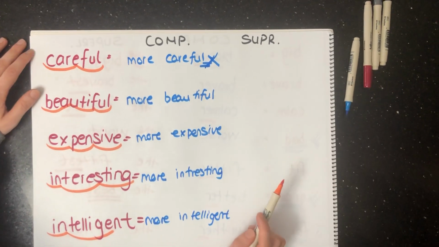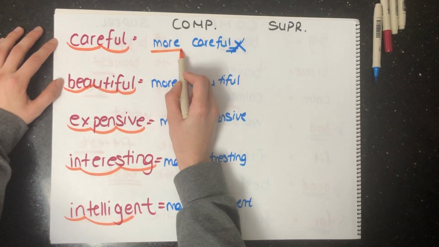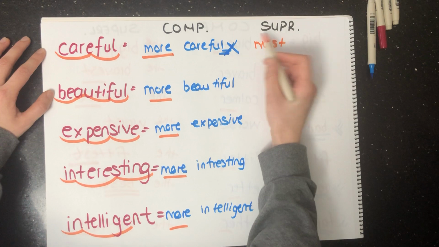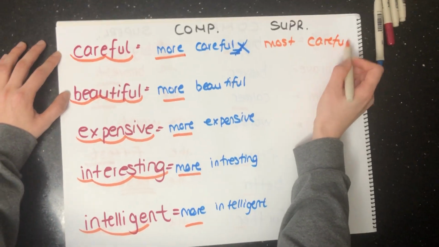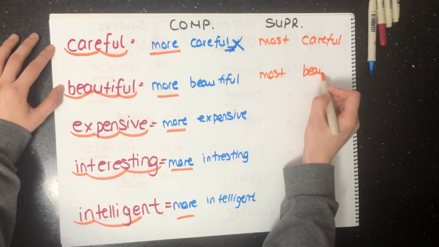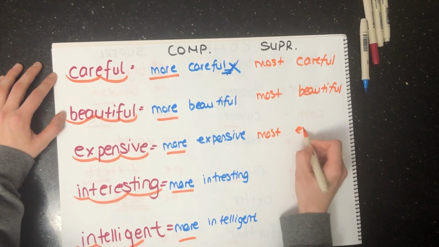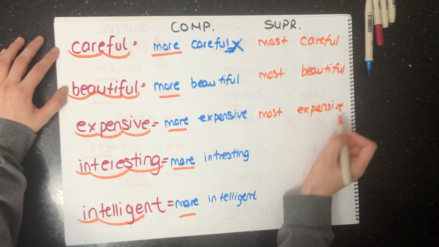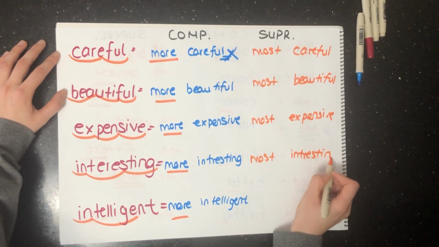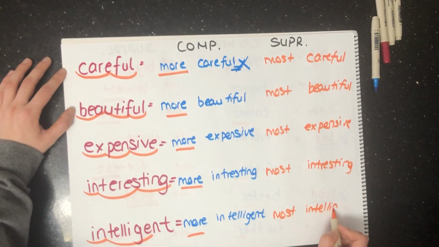Do you have any ideas? Careful, we say more in comparative, but what do we say in superlative? We say most. Most careful, beautiful, most beautiful, expensive, most expensive, interesting, most interesting, and intelligent, most intelligent.